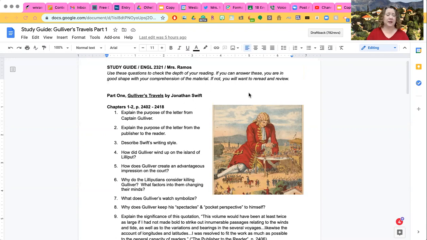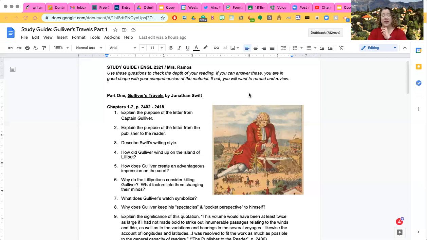So the way that he satirizes the religious differences between people at the time, this is a time after the Reformation. So there are Catholics and there are Protestants. And the way that he satirizes them is by having the Lilliputians debate or choose sides on which end of the egg is better to crack, like a hard-boiled egg, so that you can get the egg out.